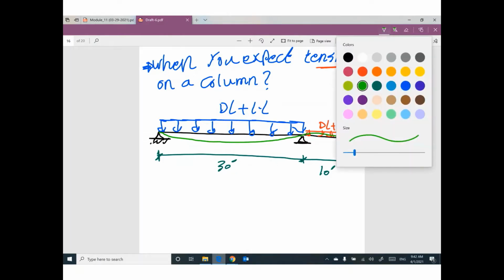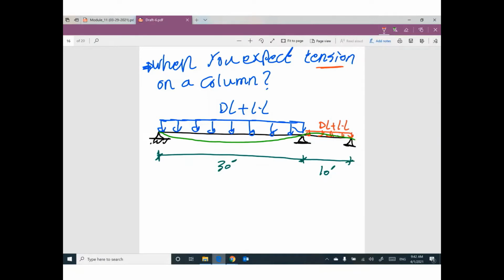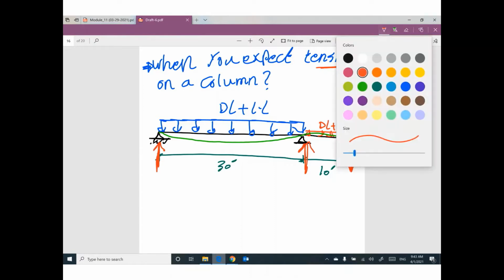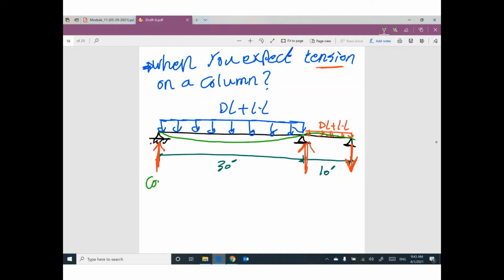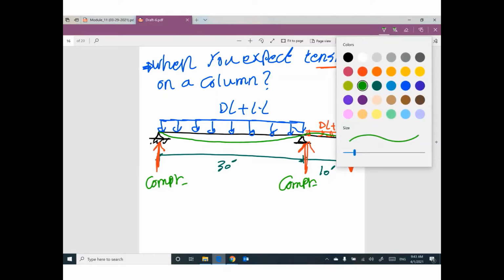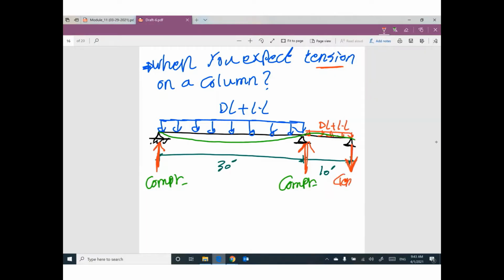And if you calculate your reactions using RISA 2D or RISA Floor, you will find this reaction will be vertical, this reaction will be down. That means this reaction will cause compression on the column, this reaction will cause compression on the column, and this reaction will cause tension on the column. We don't like this scenario.